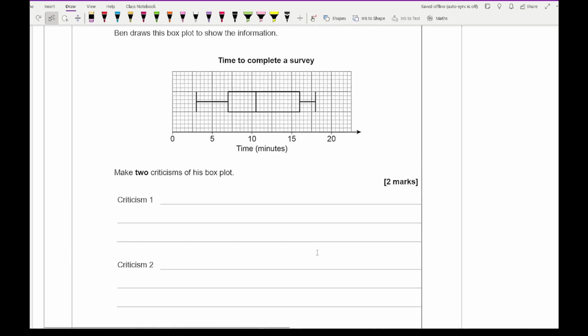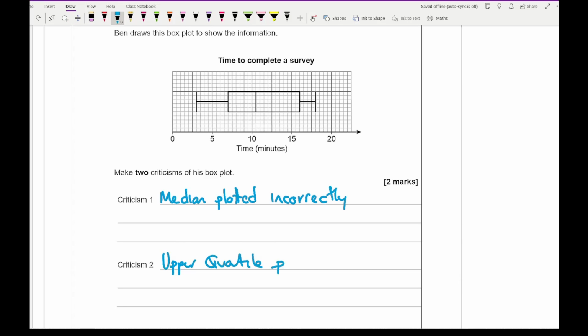But in terms of this, the 2 main criticisms you should be able to spot is that the median is plotted incorrectly, and so is the upper quartile, in which it should be 7 plus 8, which is 15.